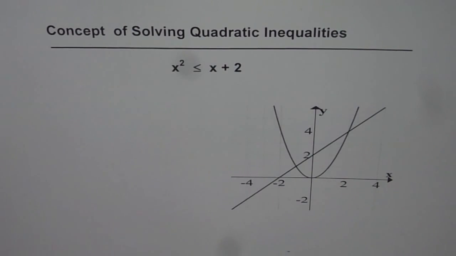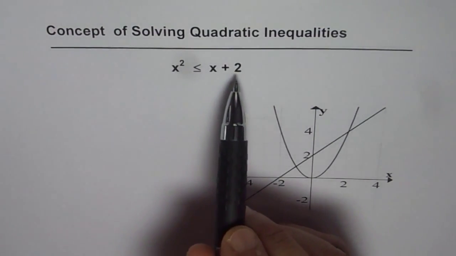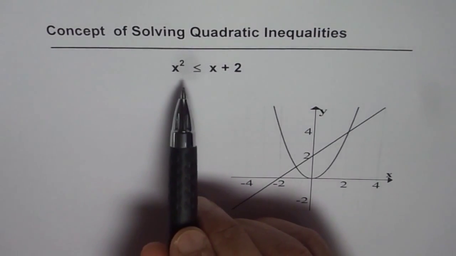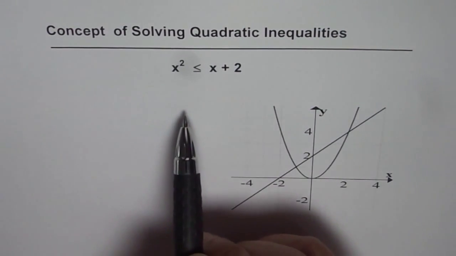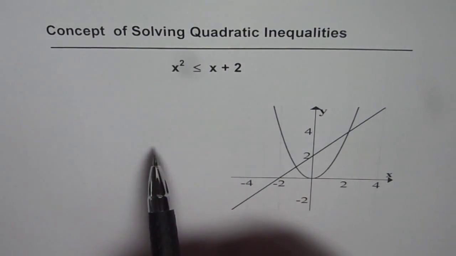So we have taken an inequality, which is x squared less than or equal to x plus 2. Now, if you see, this is a quadratic inequality, right? It has got a quadratic function x squared and an inequality sign.